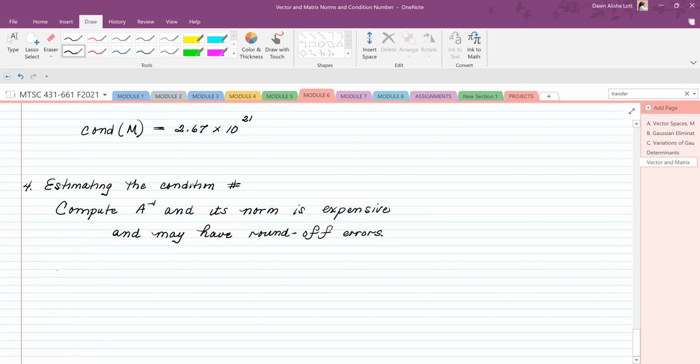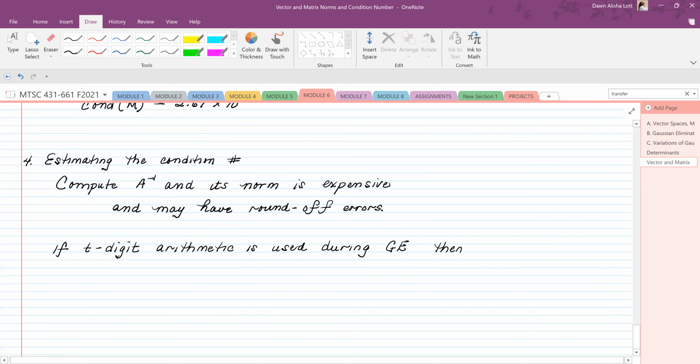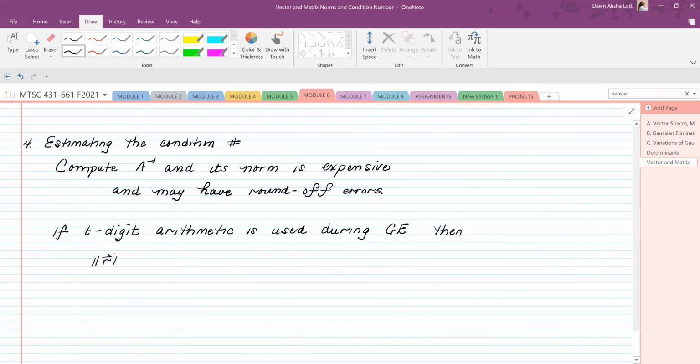Okay, so if t-digit arithmetic is used, okay, during Gaussian elimination, all right, then you can take the absolute value of r is equal to 10 to the negative t times the norm of A times the norm of x star.